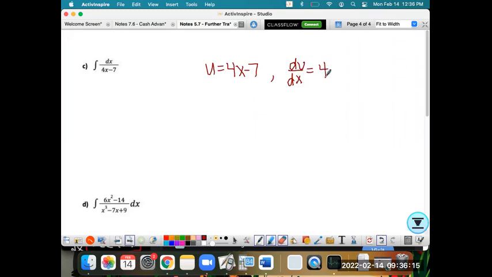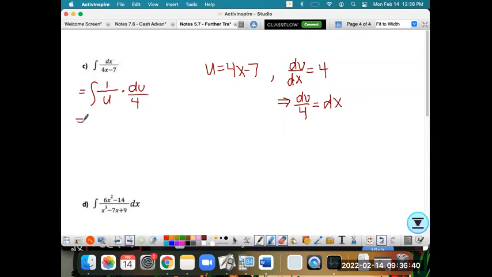We don't have a 4 that we're not replacing, so I'm just going to completely solve for dx, which means dividing the 4 to the other side. All right, so over here, that 4x minus 7 gets replaced with a u, and then the dx gets replaced with du over 4.